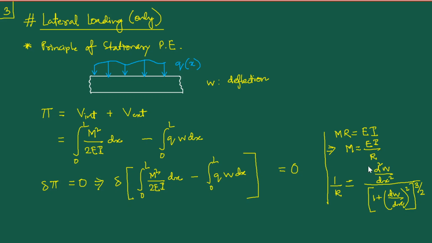And please note that when I do this, I am not appealing to any knowledge from our undergraduate studies of beams or mechanics of solids. I am not at all appealing to that kind of thing. Rather, what I'm using here is our knowledge from our first year engineering mathematics curriculum.